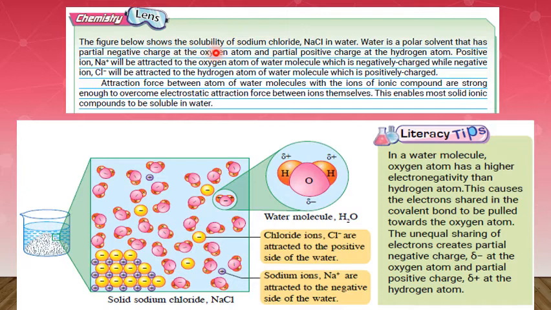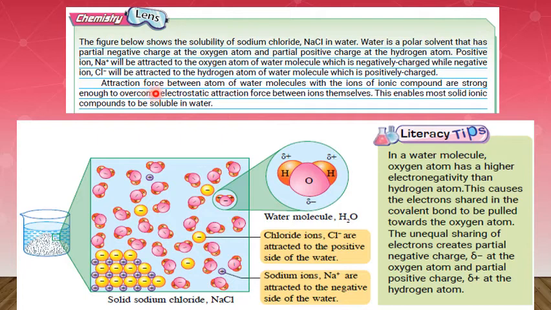The figure below shows the solubility of sodium chloride in water. Water is a polar solvent that has a partial negative charge at the oxygen atom and a partial positive charge at the hydrogen atom, as explained just now. A positive ion, sodium, will be attracted to the oxygen atom of the water molecule, which is negatively charged, while the negative ion, chlorine, will be attracted to the hydrogen atom of the water molecule, which is positively charged.